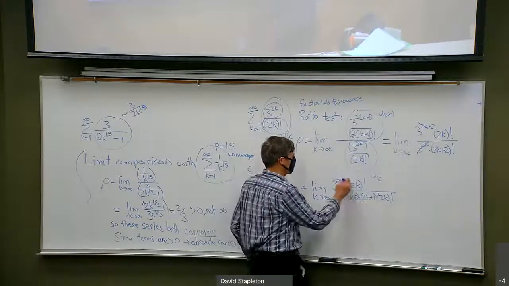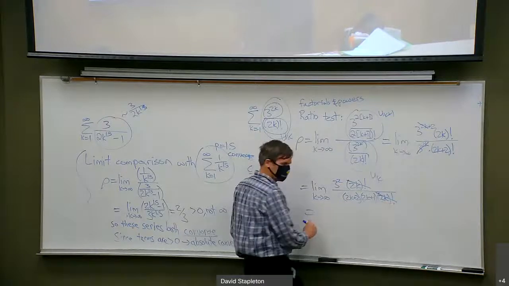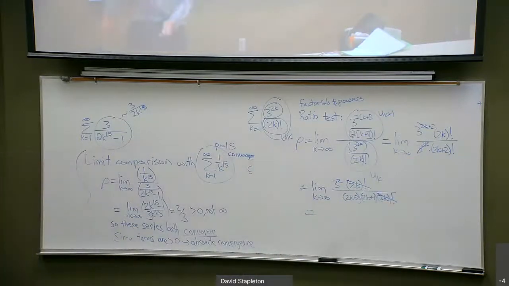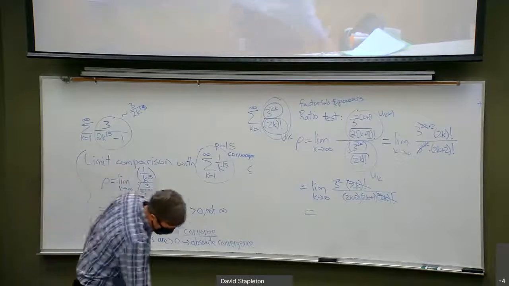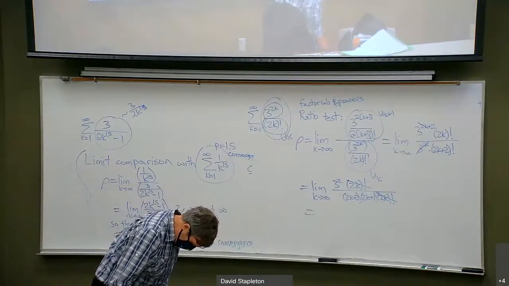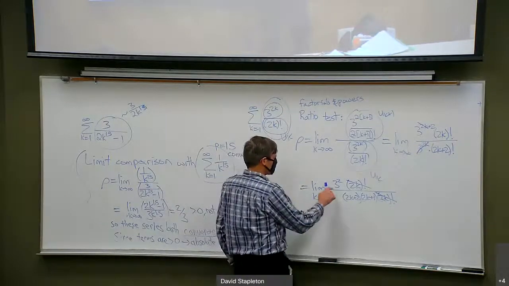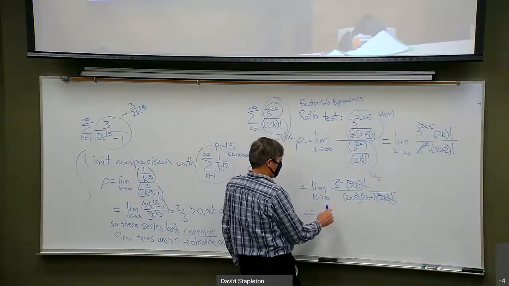Now you can cancel the 2k factorial with the 2k factorial, and what you've got is this now.